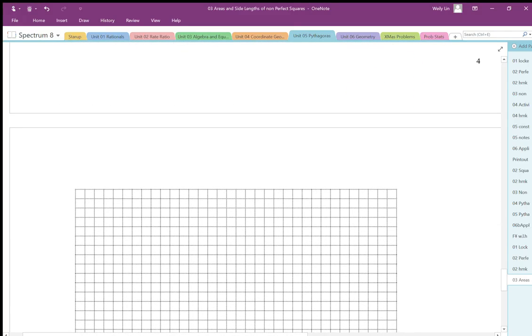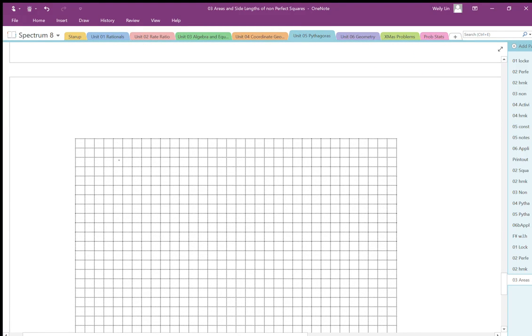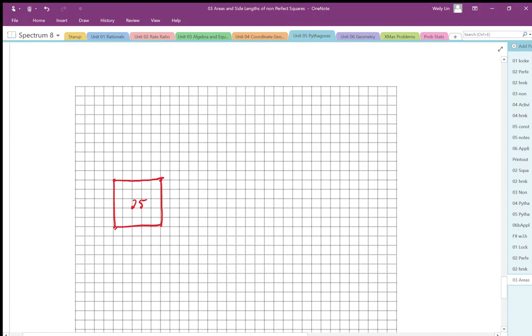Well, I don't know how that's going to work, because I have a 25 square, so that's easy. 25 squares is going to be a 5 by 5 square. So there's a 25 square, and I know a 64 square is also a square, and I need to figure out how to draw a square with 89 squares.